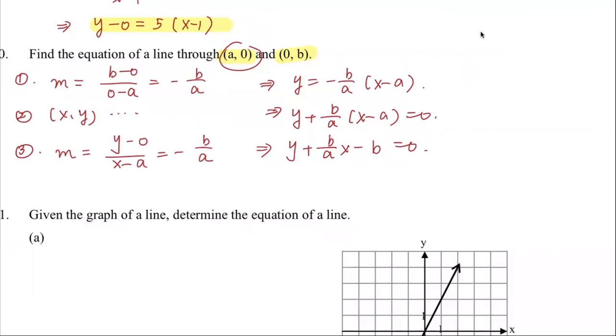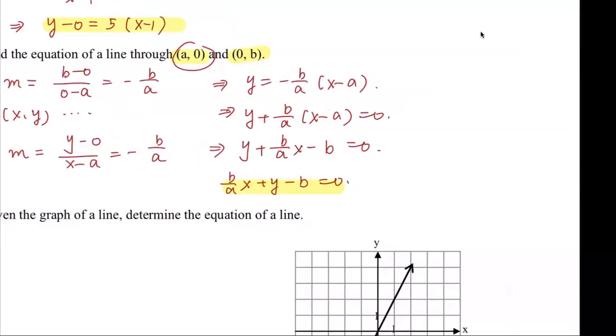And then we move the x term to the very front. b over a x plus y minus b is equal to 0. So this is the standard form.